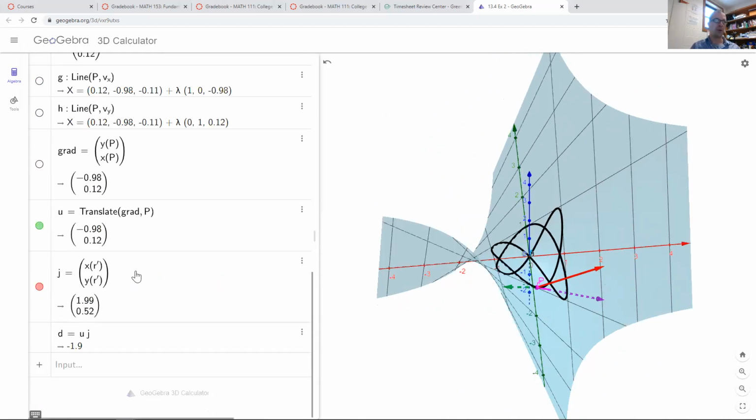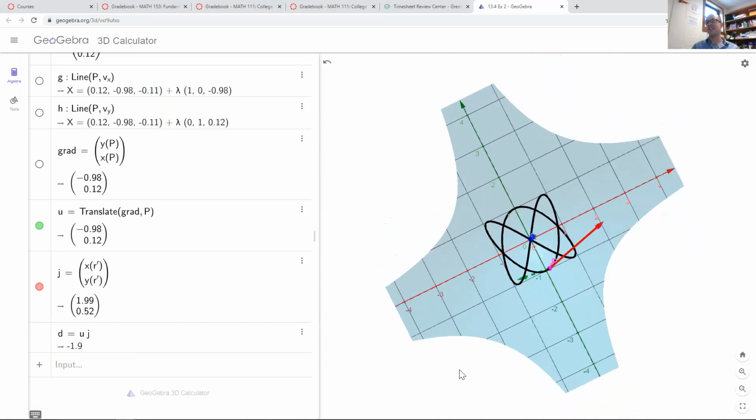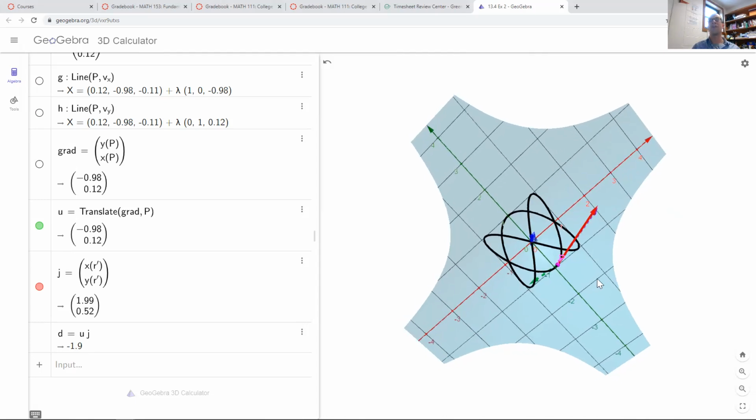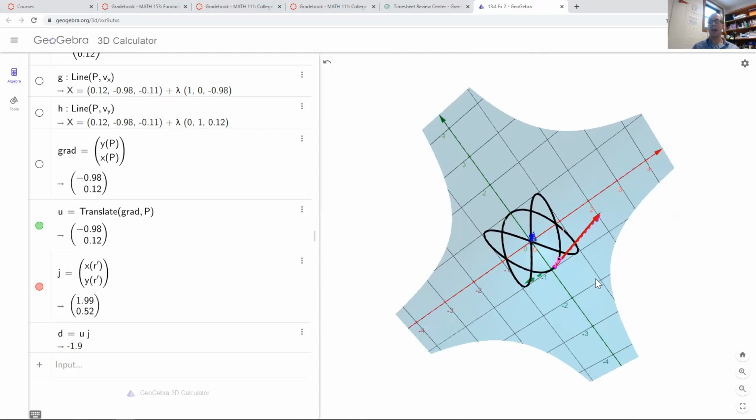Well, remember, we take the dot product of these two, the two-dimensional versions, to get the derivative, which in this case is negative 1.9. Notice that our tangent vector is heading in a pretty opposite direction to our gradient vector. And so having a negative dot product makes a lot of sense, right?